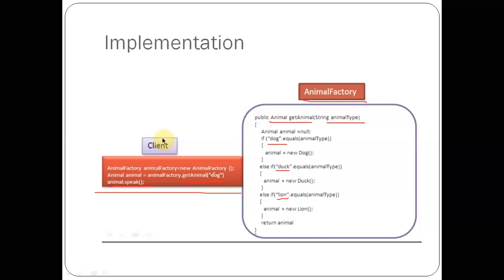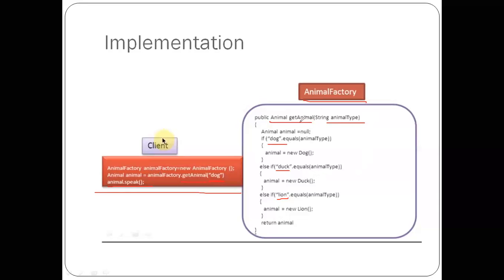But the client is accessing through only 3 lines of code. Whatever the parameter is passed by the client, accordingly we return the speak method. So this is the factory pattern concept.